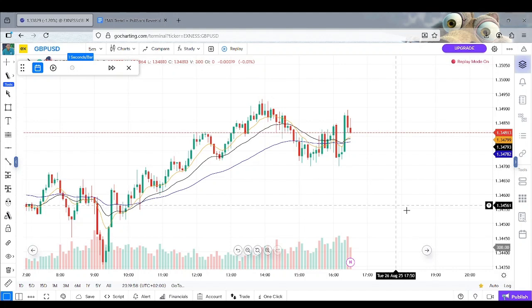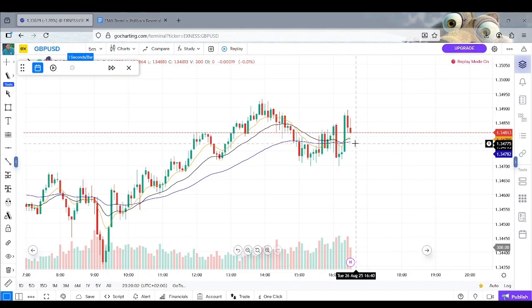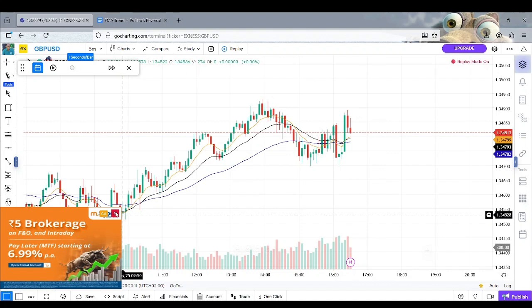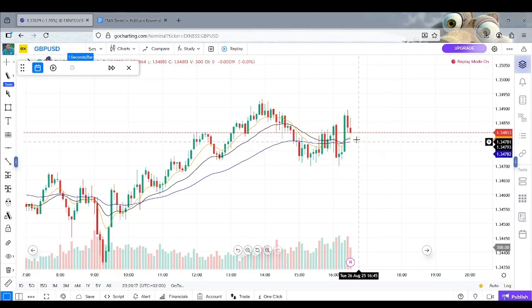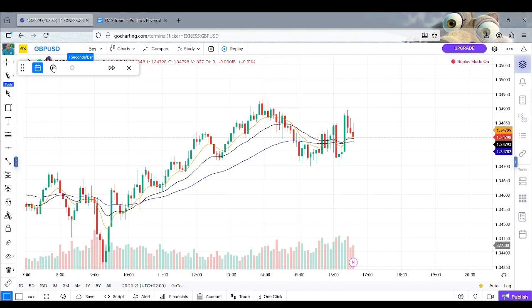Alright, so the EMAs are saying we're bullish, but then price itself still hasn't shown me anything. So I'll wait for price to hit my 21, the black line, then we'll see what happens. Okay, there we are.